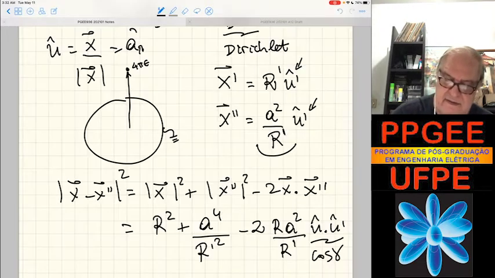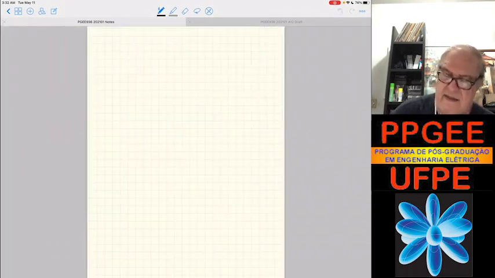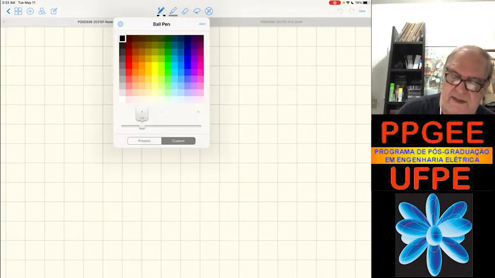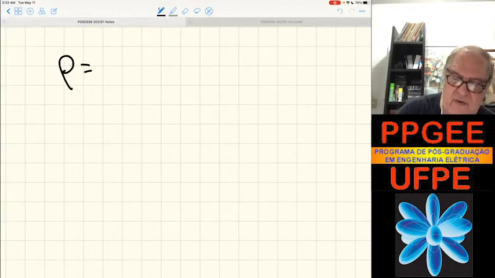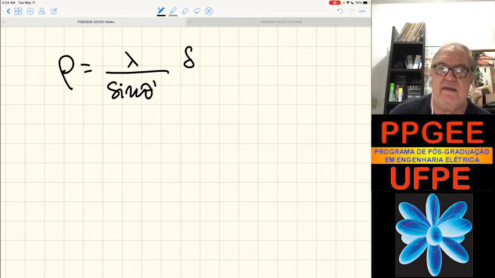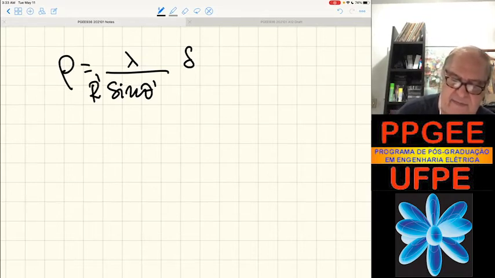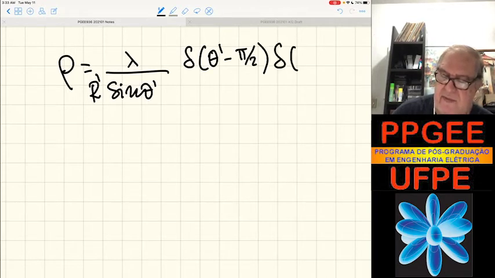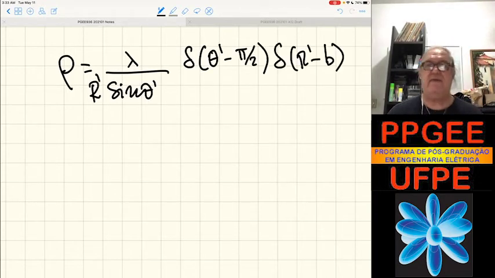Let's check if that's correct, right? Charge density rho equals lambda divided by r prime sine theta prime, delta of theta prime minus pi over 2, delta of r prime minus b. b is the radius of the loop.